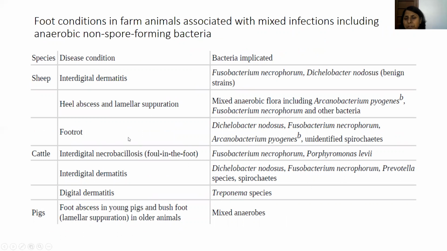These are also associated with mixed infections, like interdigital dermatitis in sheep, heel abscess, and foot rot. In cattle also, they cause interdigital necrobacillosis. In pigs also, they are responsible for foot abscess.